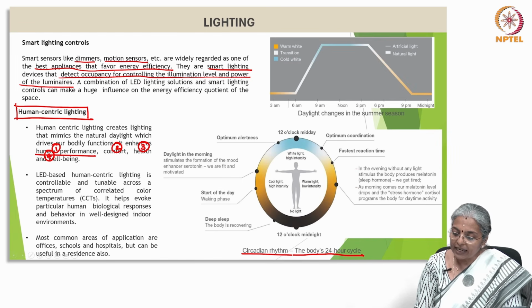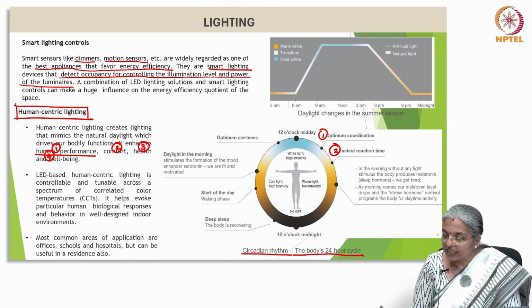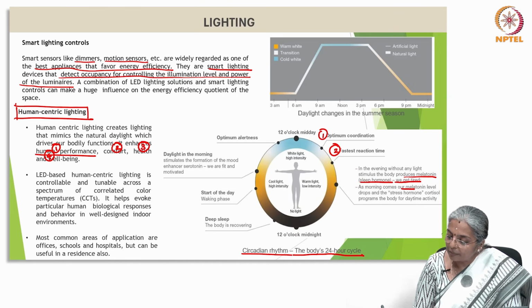So, they can give us optimum coordination. They can give us fastest reaction time. In the evening, without any light stimulus, the body produces melatonin, which is a sleep hormone. Therefore, we get tired. In the morning, our melatonin level drops and the stress hormone cortisol programs the body for daytime activity.